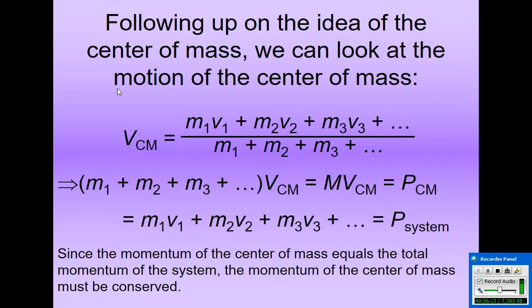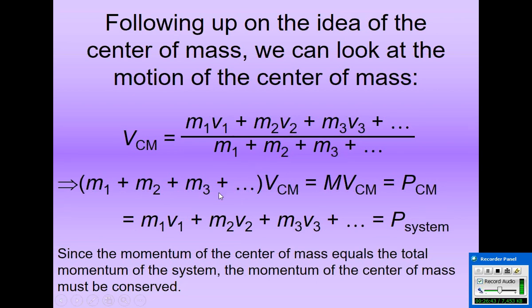The idea of the location of the center of mass, we can also expand on it to look at the velocity of the center of mass. And we can look at it in one dimension, we can look at it in two dimensions, but the velocity of the center of mass goes as m1 times the velocity of object 1 plus m2 times the velocity of object 2 plus m3 times the velocity of object 3, etc., over m1 plus m2 plus m3.